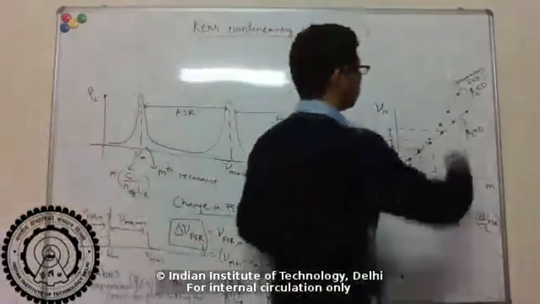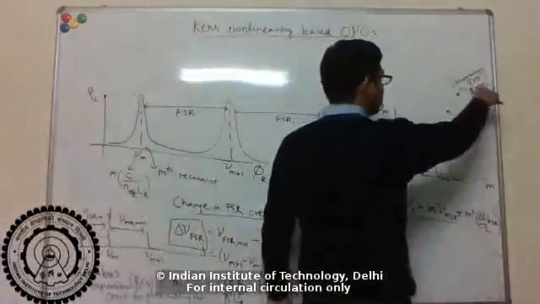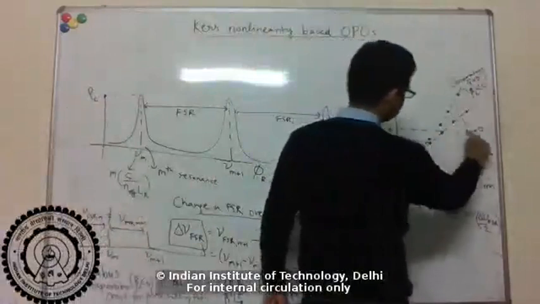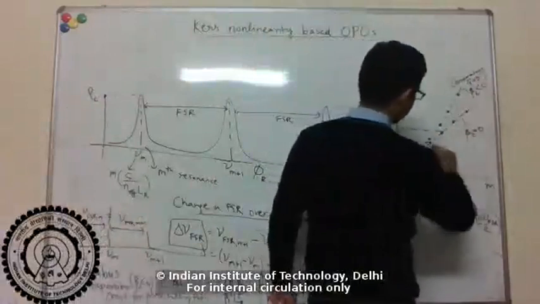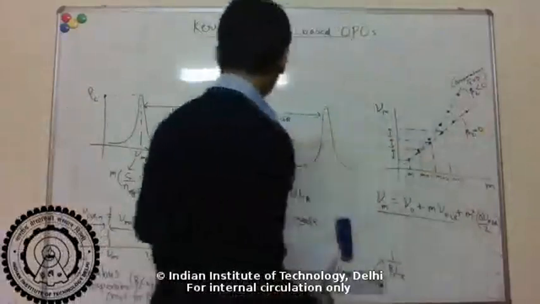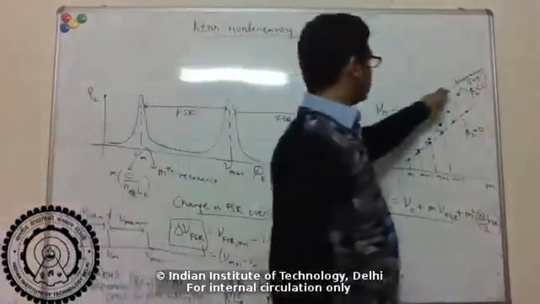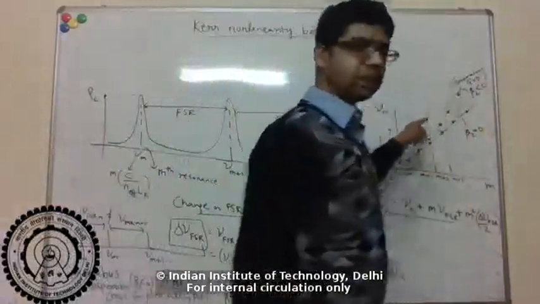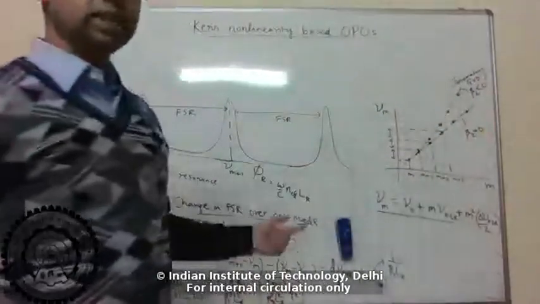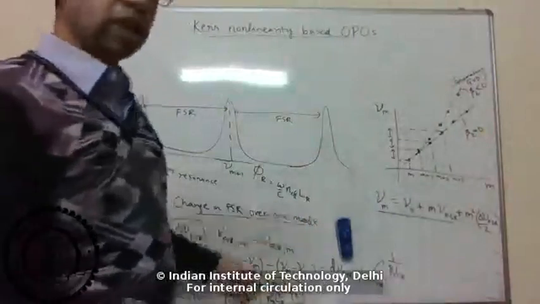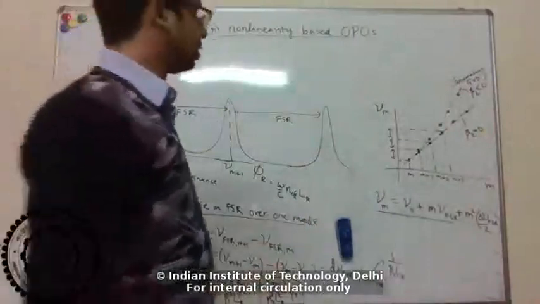So that's this case. If you had normal GVD, beta 2 positive, then this will bend down. The FSR will be decreasing with frequency. But we are only looking at the anomalous case because that's what we need to phase match the four-wave mixing process. So we would want anomalous dispersion in our cavity.